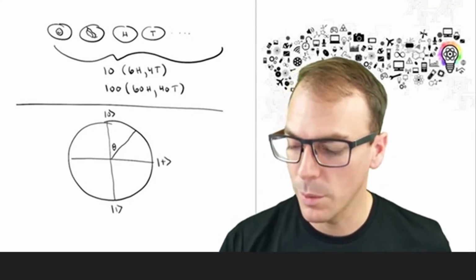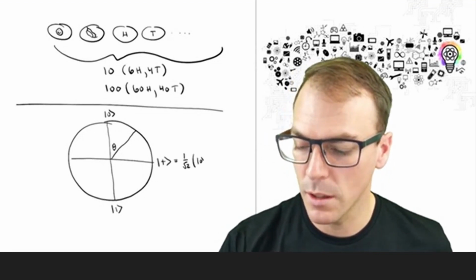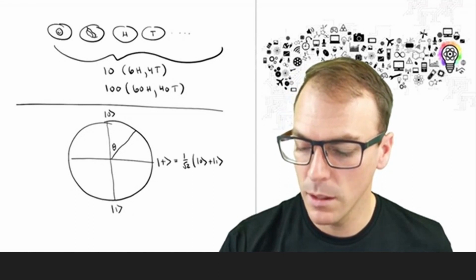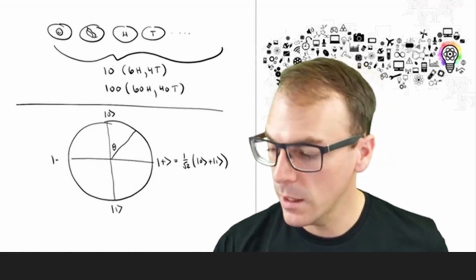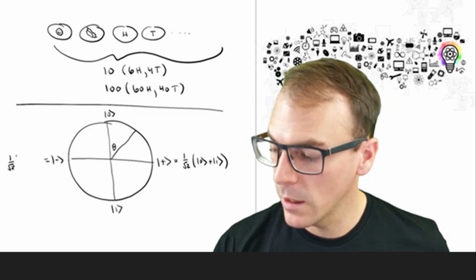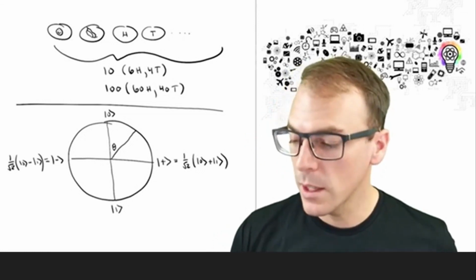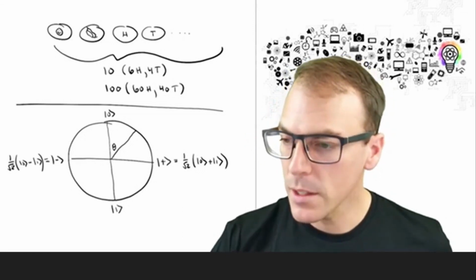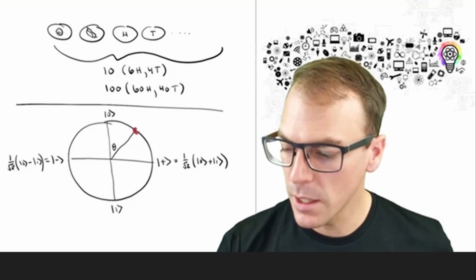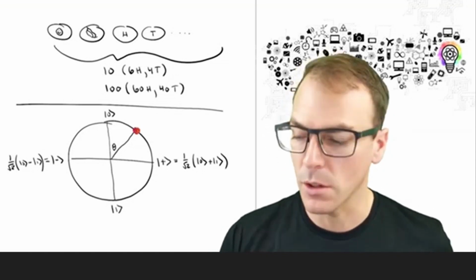If you recall the plus state, which is a superposition of 0 and 1, and then the minus state, which is another superposition of 0 and 1 with a minus sign. The quantum state is just some particular location on this circle.